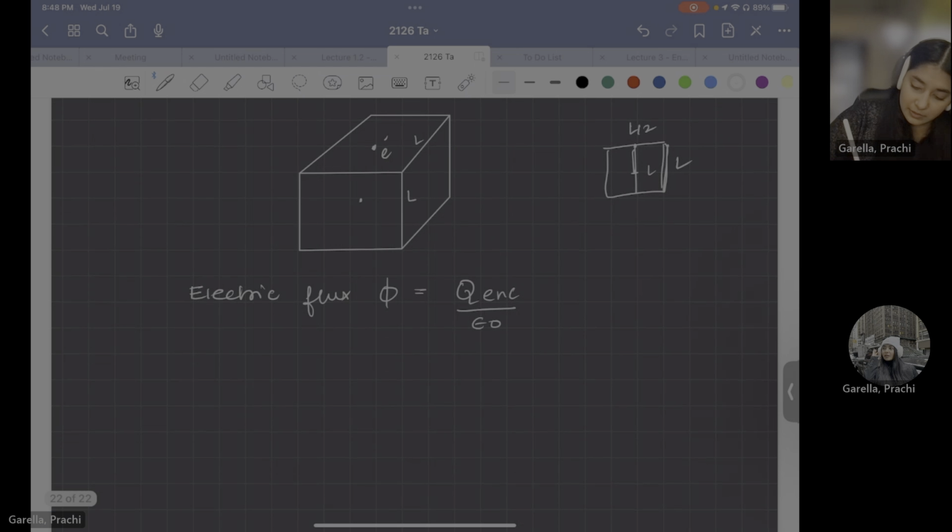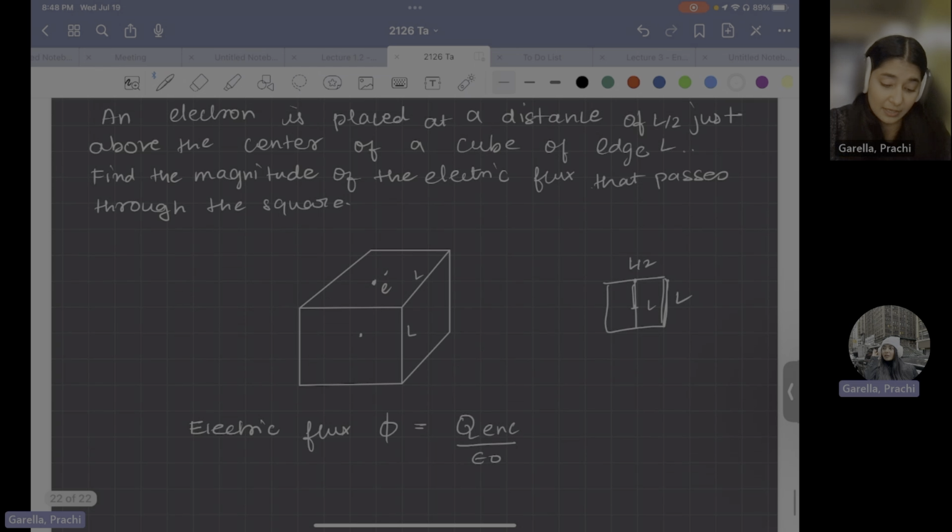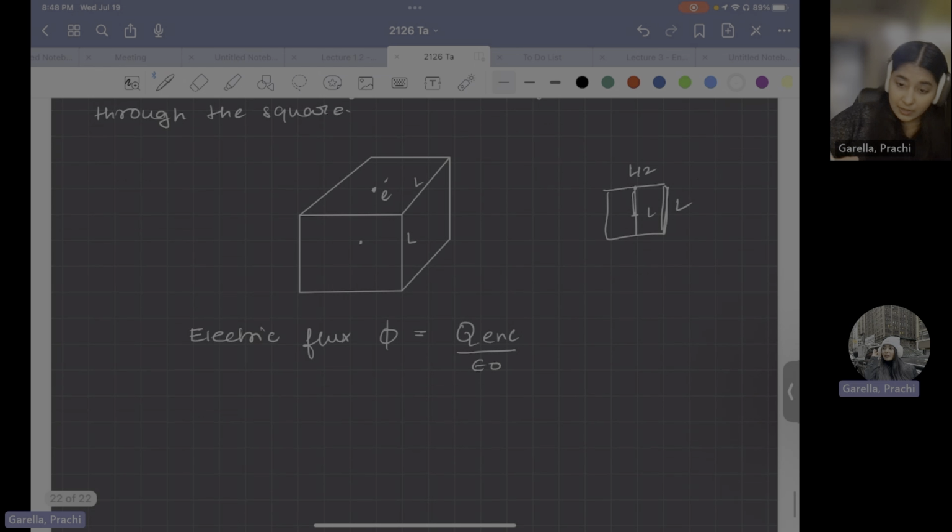Then if we want to find the total flux that passes through the square, this flux is the total flux in the cube. Now if we want to find the flux that passes through this square, then we have to divide this flux by 6 to get it for one face. Okay, and now how do we find that?